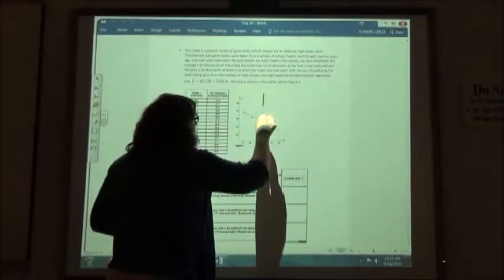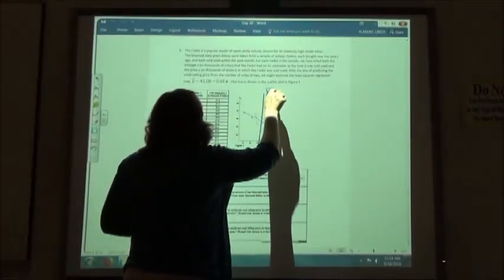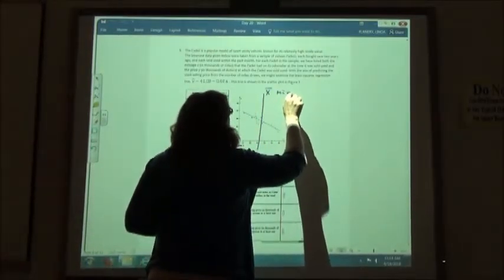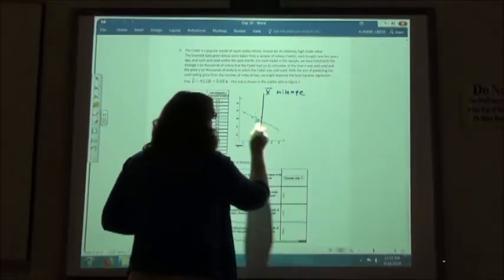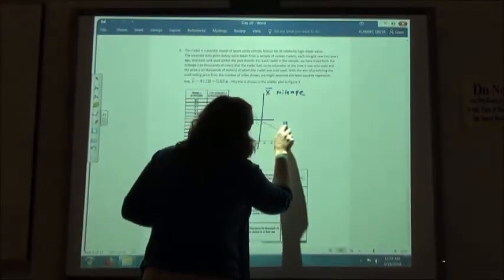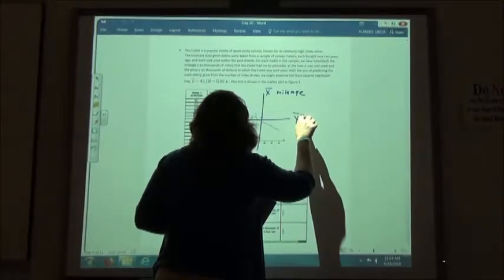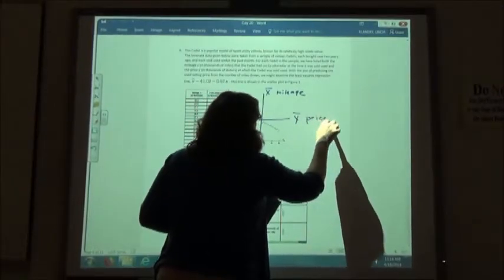So again, the vertical line is my X bar, my X is my mileage. For the horizontal line, look for about the average or the middle. My Y bar is going to be my price.